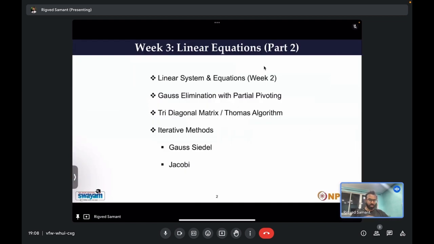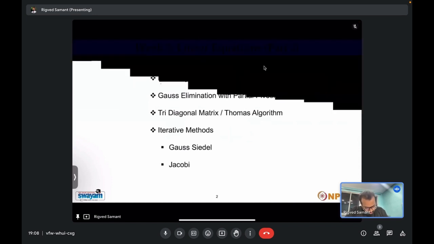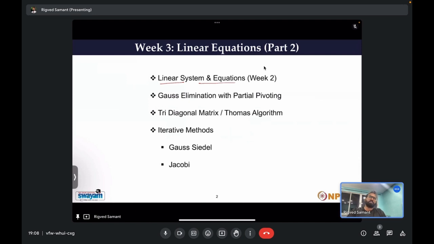In the previous session, we had started with the linear system of equations. In the linear system, the professor had started with the basics of linear algebra. After that, he discussed briefly the line representation. If you have two unknowns, then it can be shown as a line. If you have three unknowns and three equations, then it can be a system of planes, and we talked about that.